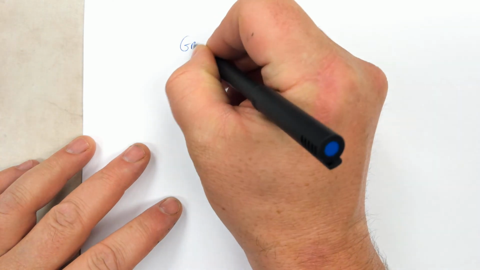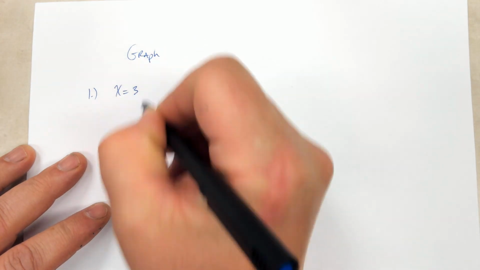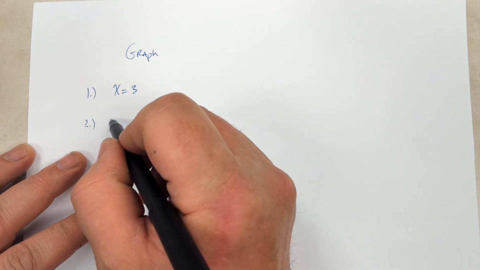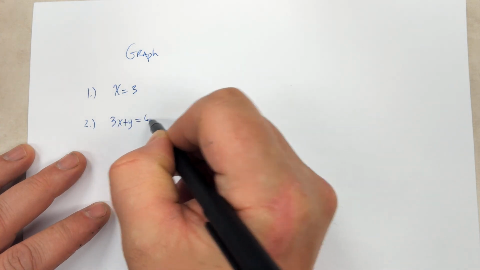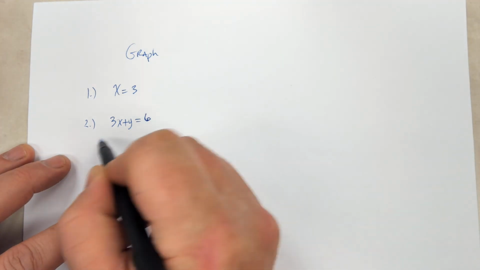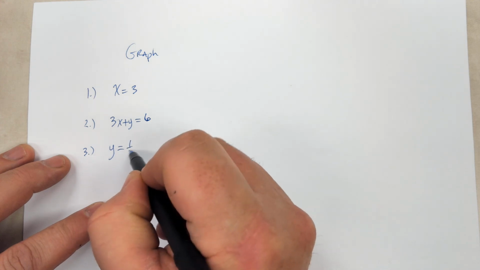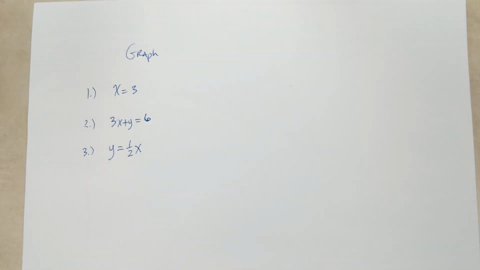Let's graph. It just says graph. It doesn't say how, right? So we'll do a couple of these. Let's do x equals 3. And then let's do 3x plus y equals 6. And then let's do y equals 1/2 x. Oh, that's tricky. It doesn't say how to graph, it just says graph, so you can do any way you want.